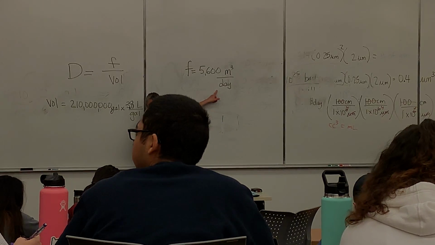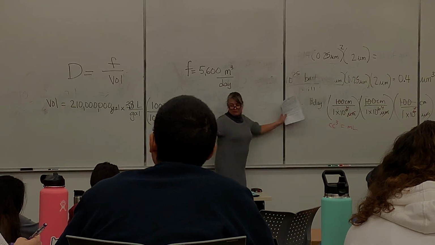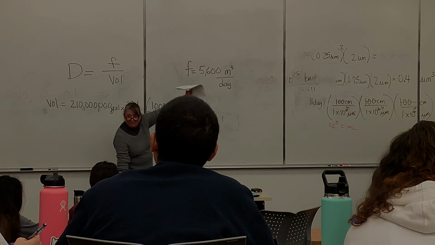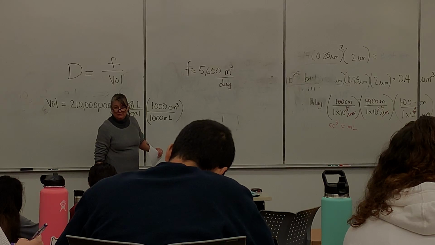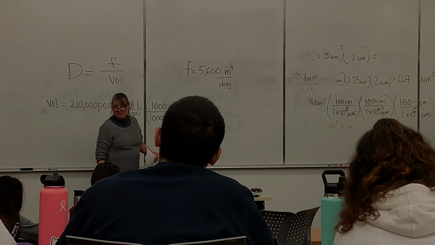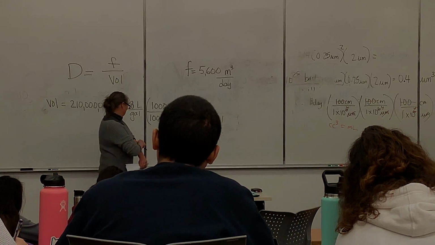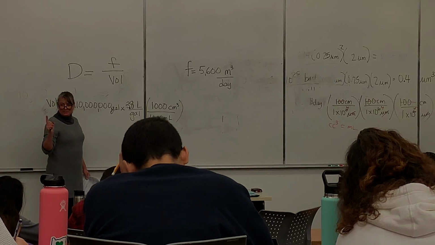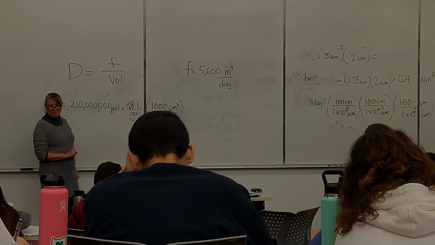I thought liters was meters. No, because a meter's this big. If a meter cubed, we would have probably 1,000 liters, right? If you do it that way, we're saying do what we know. We know 1 cc is 1 mil. Let's just go with what we know rather than trying to figure out something where we can't remember.